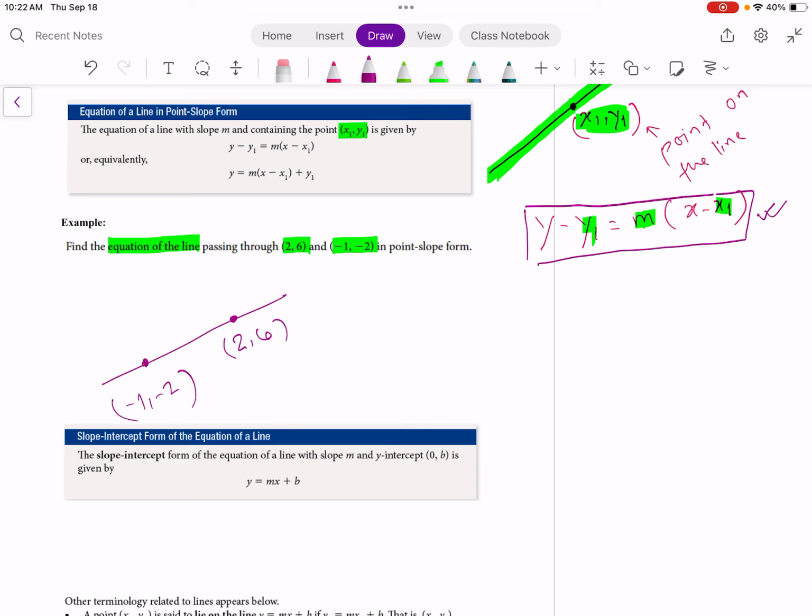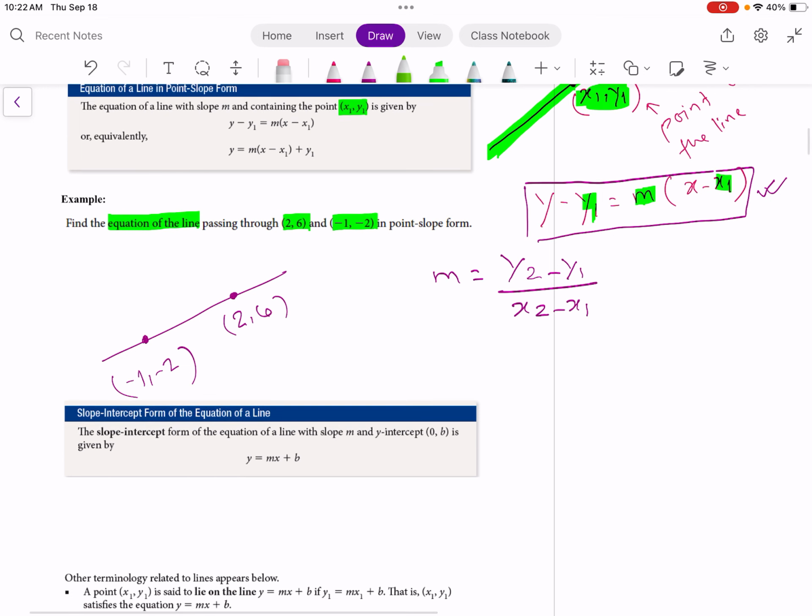Now, to find the equation of a line, we always need the slope of the line. So let's go ahead and find the slope of this line. The slope is m, and m is y2 minus y1 divided by x2 minus x1. Now what are our y2, y1, x2, x1?